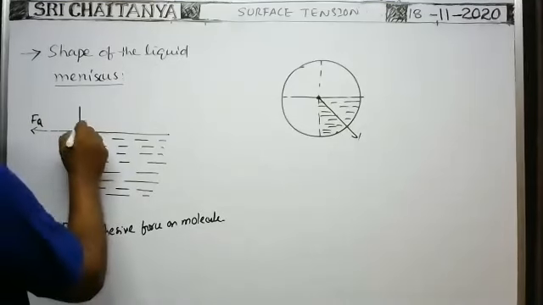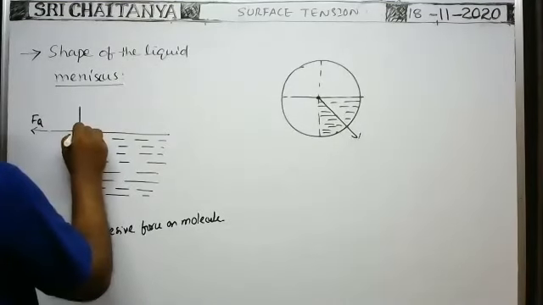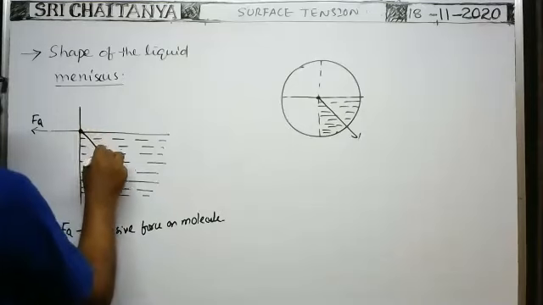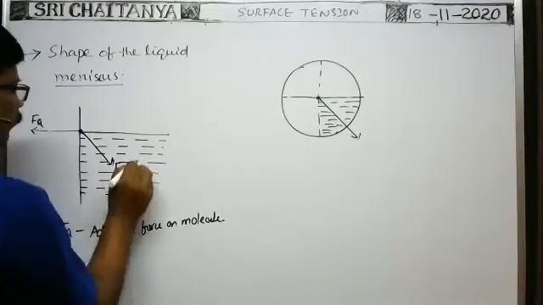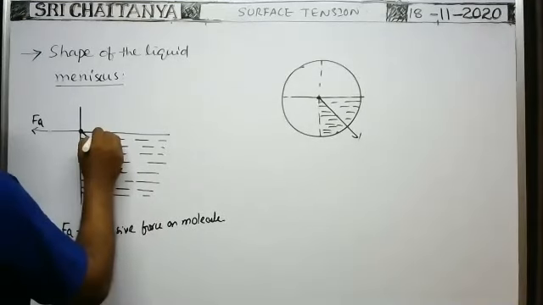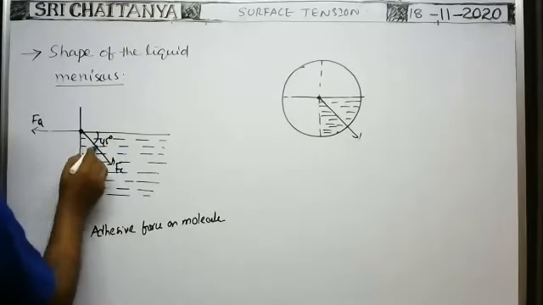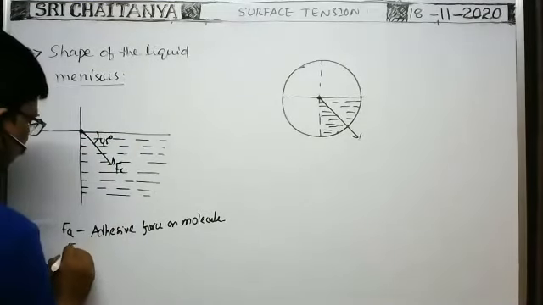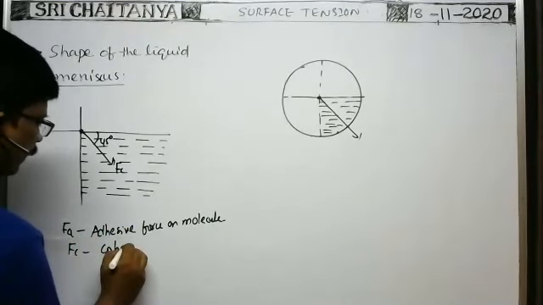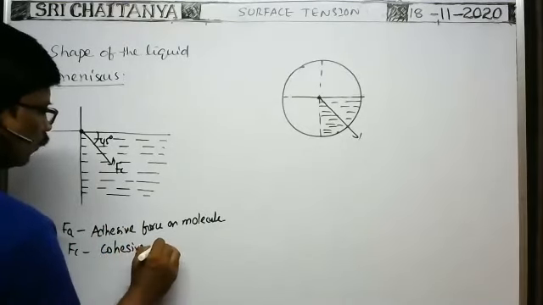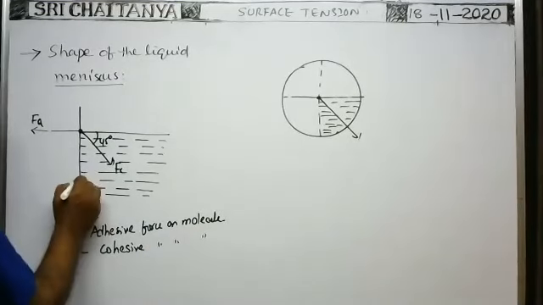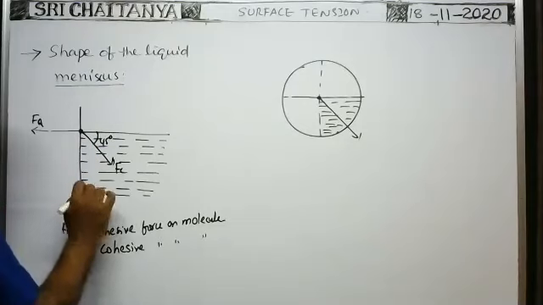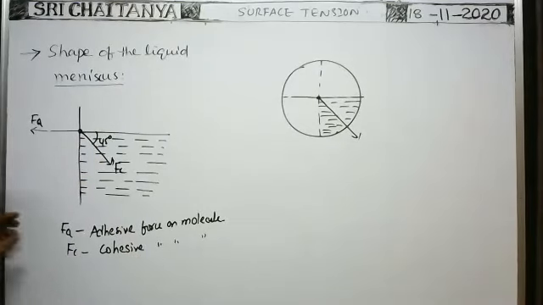So the cohesive force acts exactly along the angular bisector, making an angle of 45 degrees with the surface of the liquid, or with the solid surface. So Fc is the cohesive force of attraction on the molecule. Of course, the weight of the molecule mg acts vertically down, but it can be ignored compared with Fa and Fc.